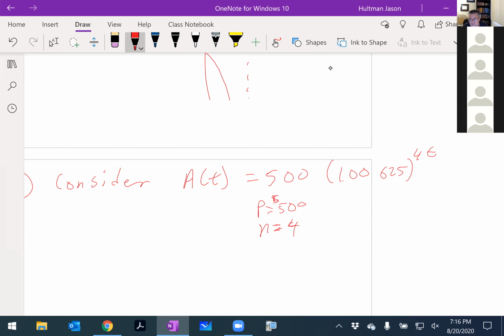Okay. And I could multiply this 0.00625 times 4 to get the annual interest rate, and that would be 2.5%. That's r. Dividing this by 4 is going to give me that 0.00625. Make sense?